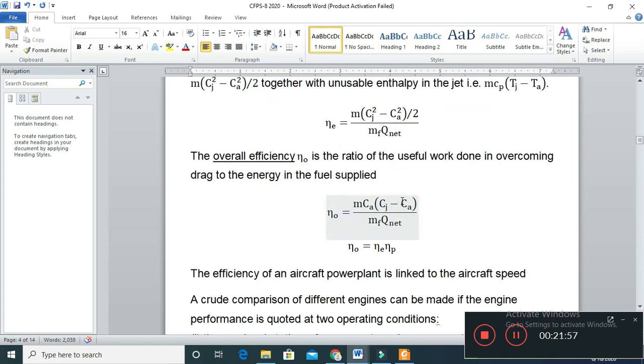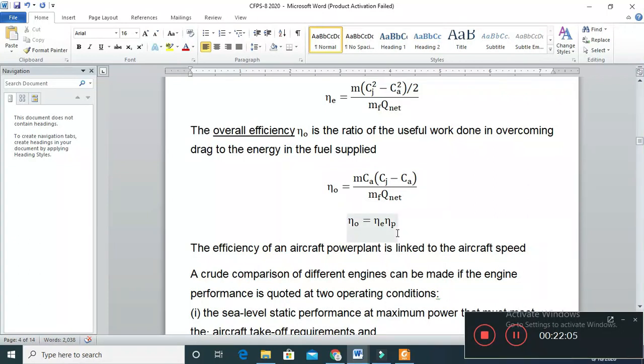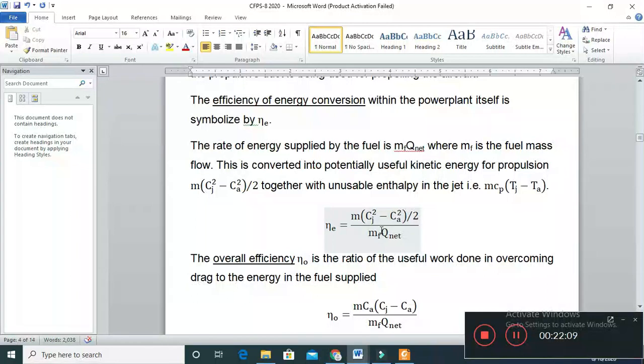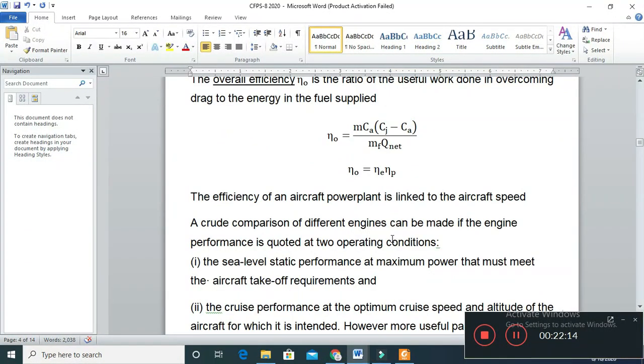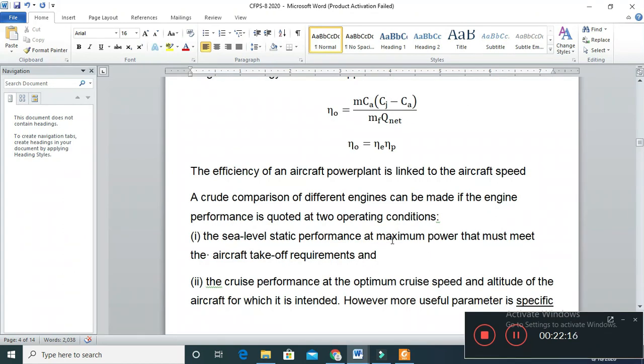Then overall efficiency is the thrust power divided by the rate of heat supplied due to the fuel. So overall efficiency is equal to the efficiency of energy conversion multiplied by propulsion efficiency. The various engines are compared based on two different conditions.